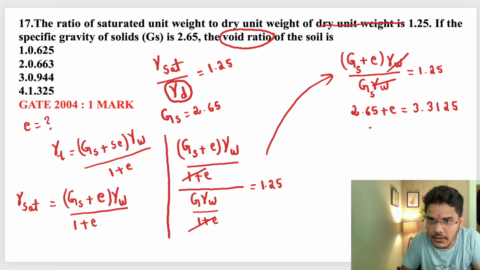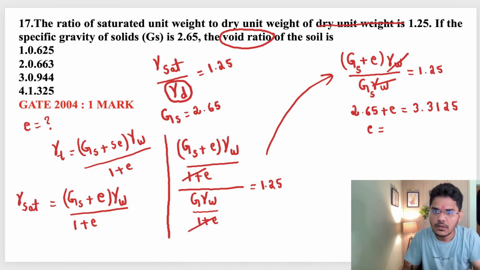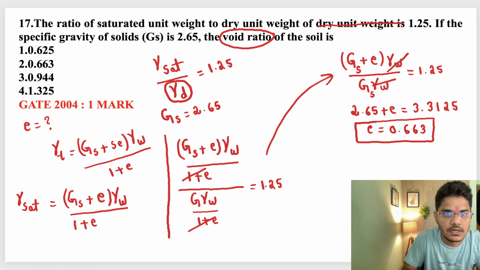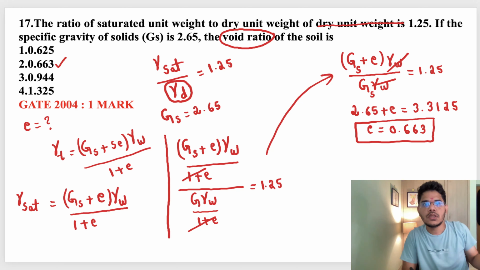Finally the value of e is found to be 3.3125 minus 2.65, which comes around 0.6625. We can write the value of e as 0.663. Which option is correct? Option B is correct.